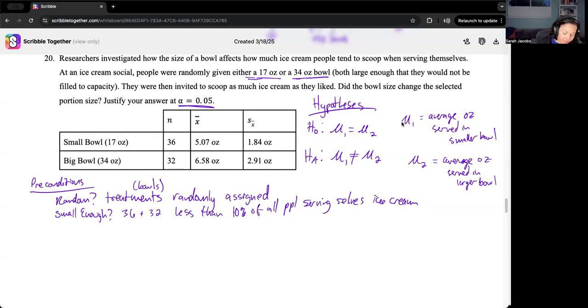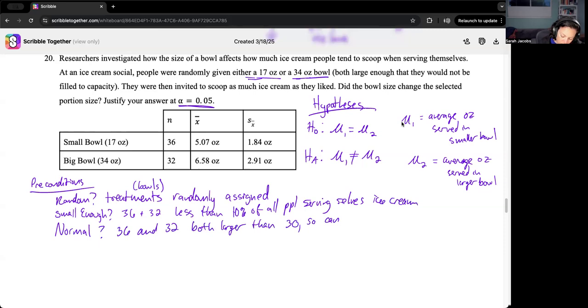And then since this is about means, we're dealing with means. This is not big enough. This is normal. So we're always assessing for normality, but for means, we actually just say that we're testing for normal. So 36 and 32 are both larger than 30.